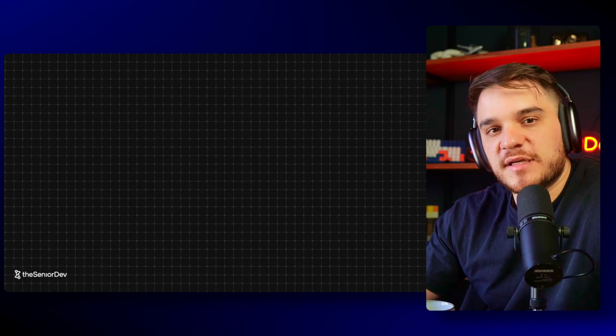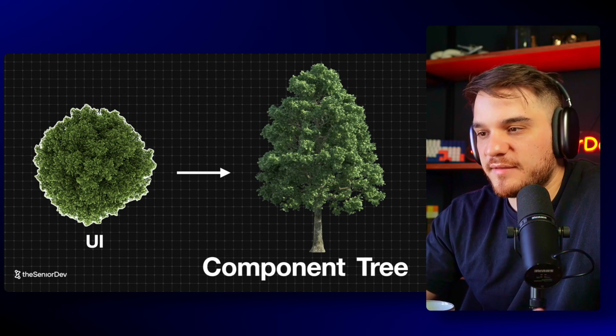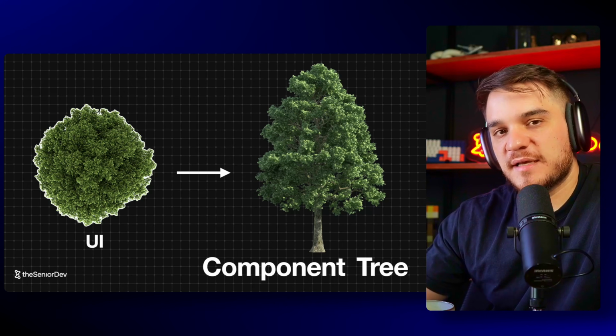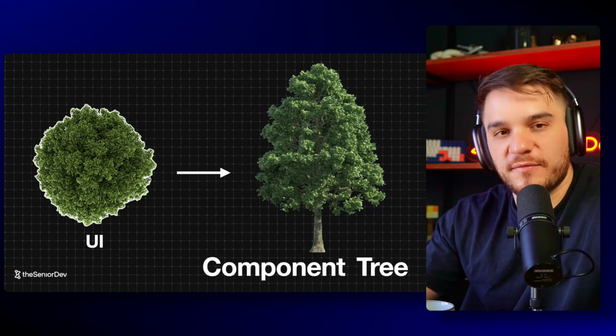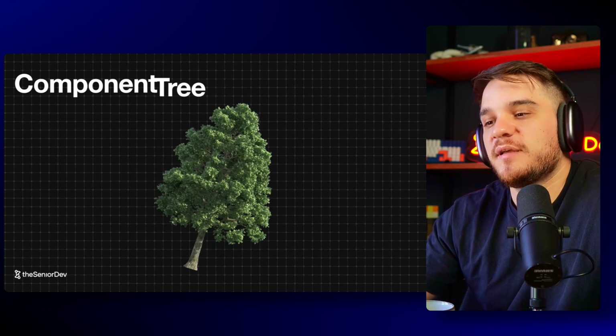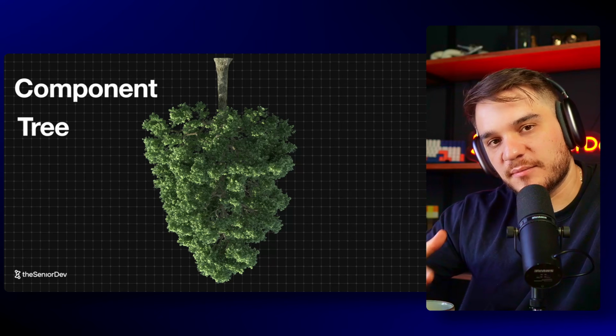Now, in modern applications, you can think of the UI as the top level of a tree, and that would be the component tree. So what the users see, it's actually the leaves, the components at the very end, at the very top of the component tree. So yes, the component tree is a tree, but it's actually an inverted tree. And so what the users see, it's actually the bottom leaves.